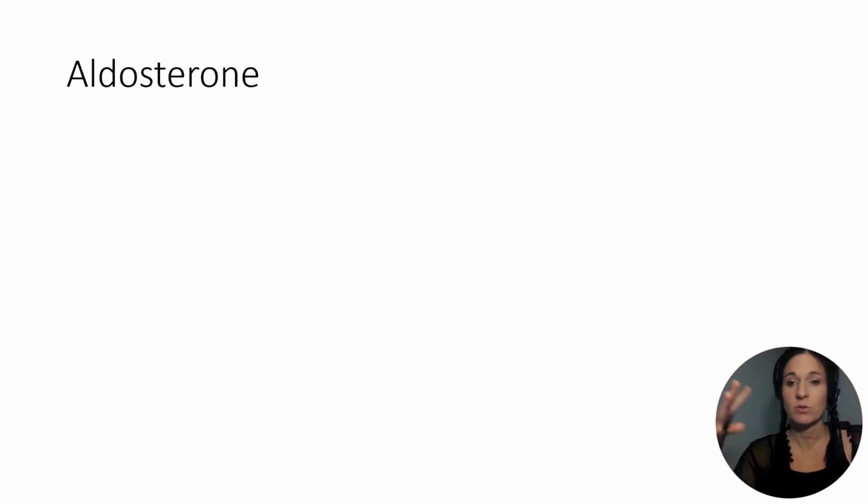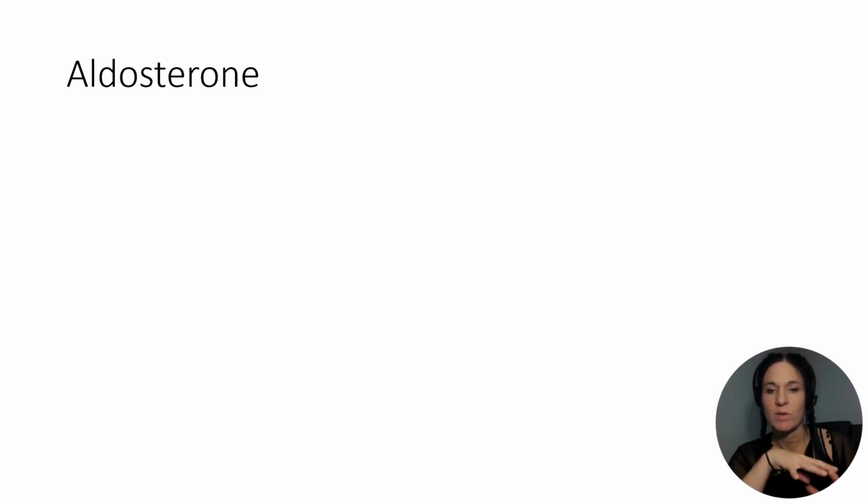Aldosterone is the next hormone we're going to look at. So let's just review what we said about aldosterone and introduce some new information. Then we're going to take this and look at it as part of the renin-angiotensin-aldosterone system.